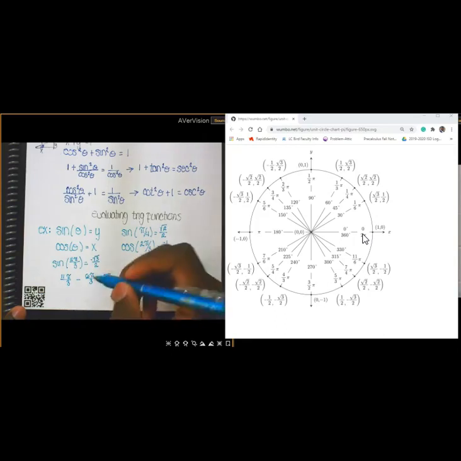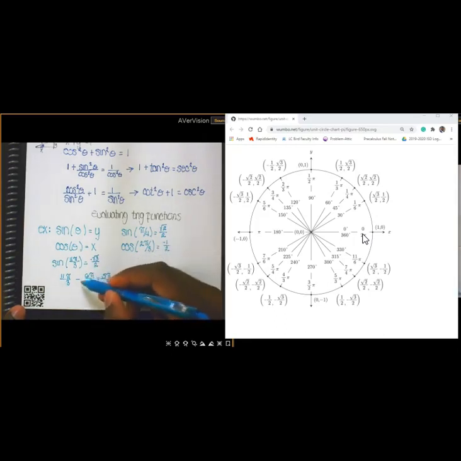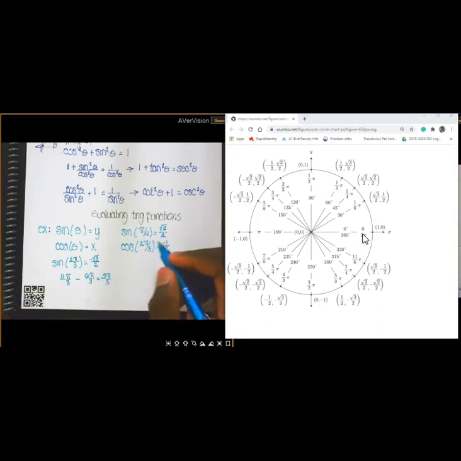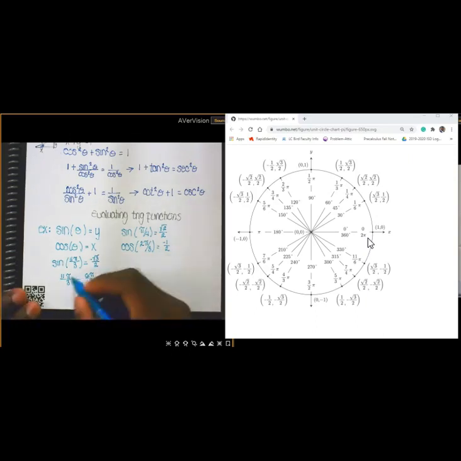To find it, we subtract 2 pi, or 360, depending on if they give you degrees or radians. So 11 pi over 3 is greater than 2 pi, so we subtract 2 pi, and we see that the reference angle is 5 pi over 3.